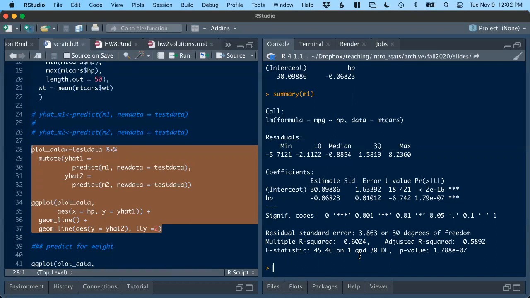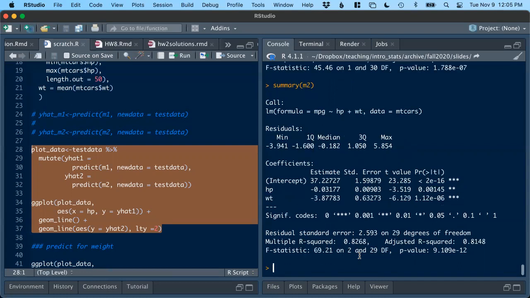This is a crude measure of model fit. People stretch this R squared number way too far often, but it's a useful, immediate, quick check on how well my model fits the data, right? So this is telling us that about 60% of the variation in miles per gallon is explained as a linear function of horsepower.